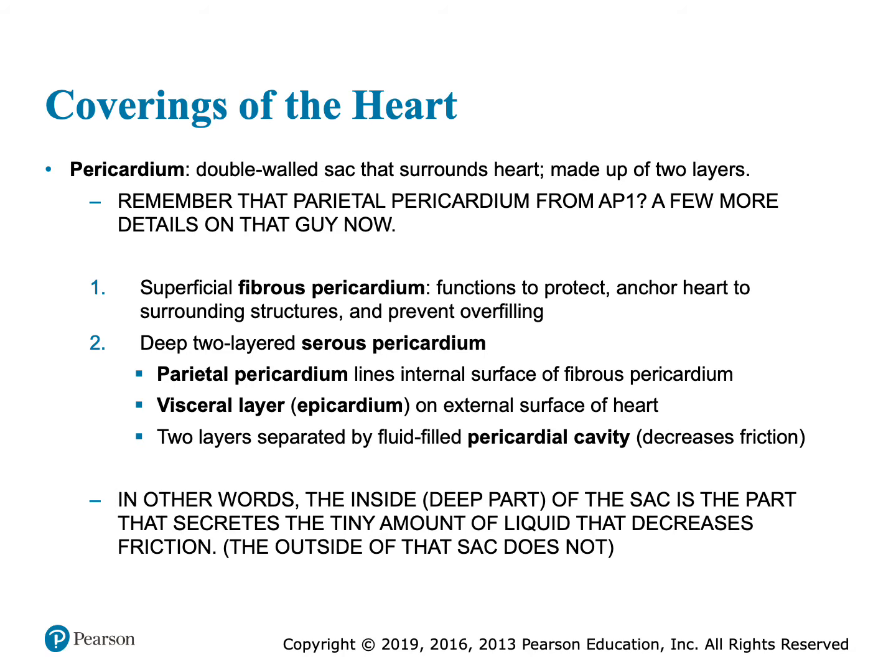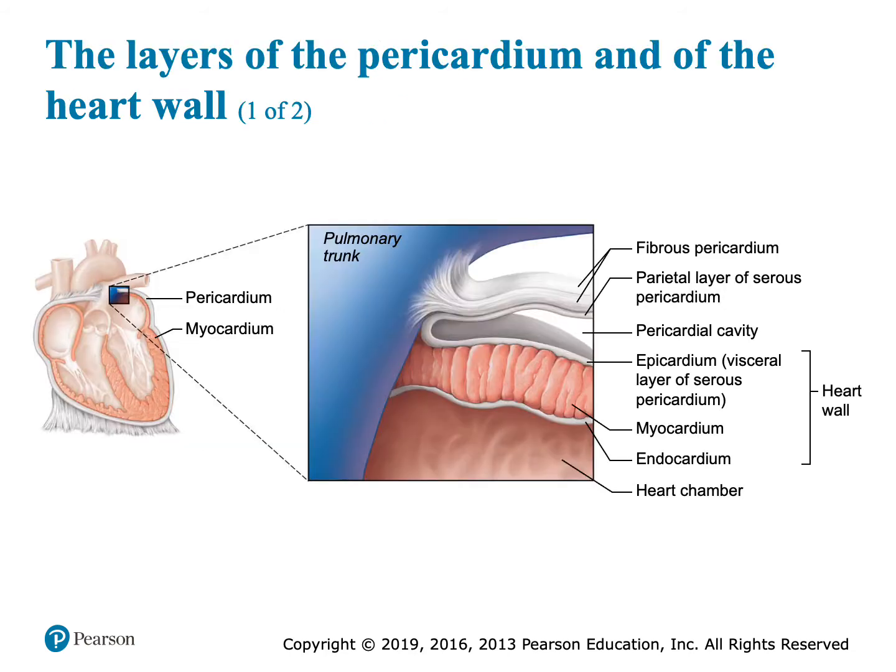So it's the internal side of that outer sac layer. This picture right here shows that outer layer of fibrous pericardium, the underside, which is what you've learned as the parietal pericardium. This part is the parietal layer of the serous pericardium, the part that secretes the fluid. The fibrous pericardium does not.